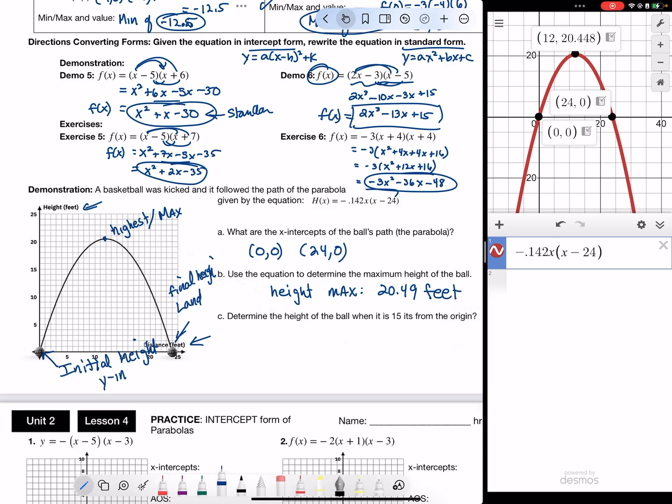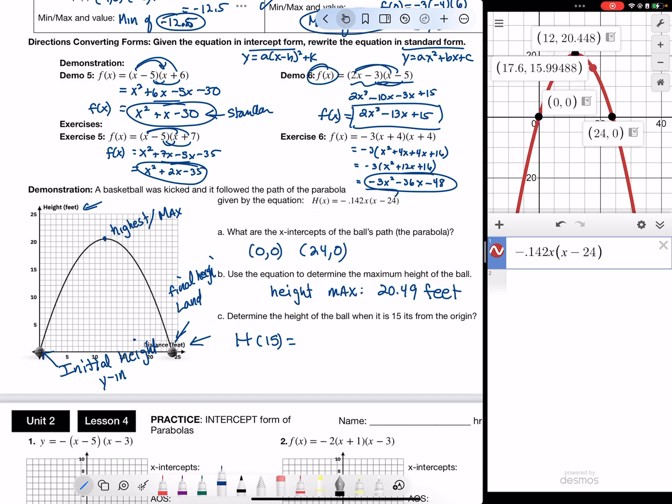Determine the height of the ball when it is 15 from the origin. So I could just trace it until I get to 15 here. Just got my finger on it. There we go. At 15, it is 19.17 high. Oops, H. So that was 18. There.